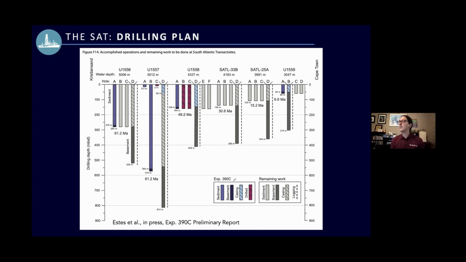They were able to drill 4 out of the 6 sites and start installing reentry cones. The great thing is this would all have taken time during Expedition 390, and so we now have that complete. And hopefully when we go back out there, our chance for success is much higher. Additionally, there are plans for another follow-up engineering expedition that's actually waiting to leave Cape Town at the moment.